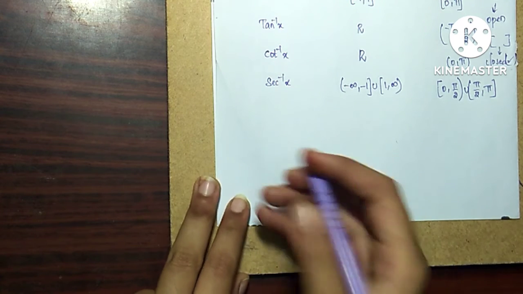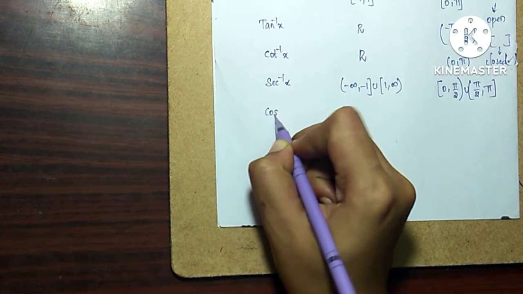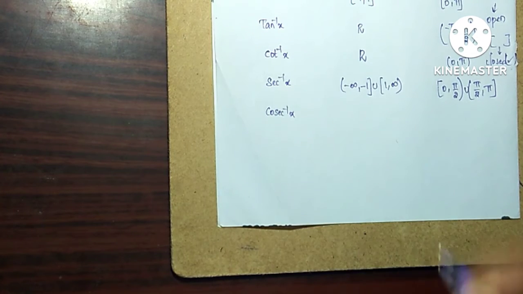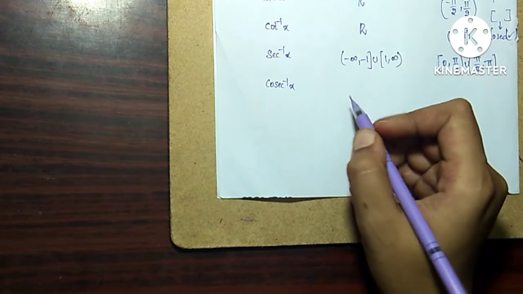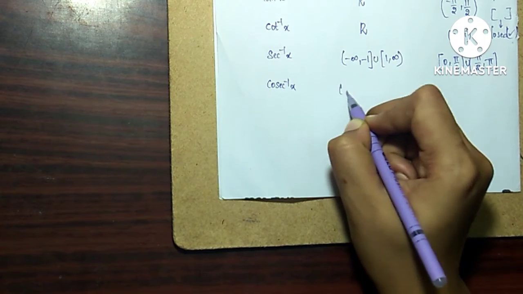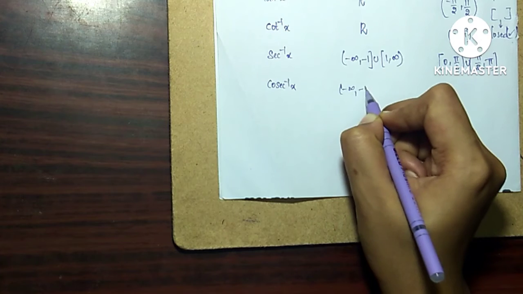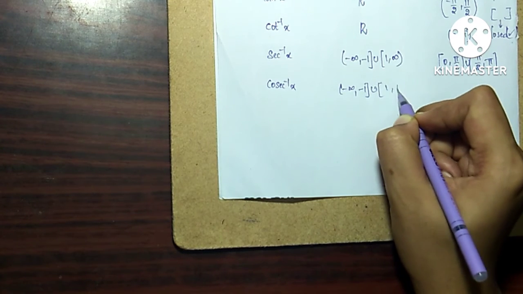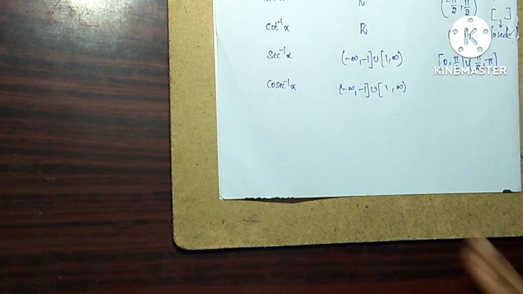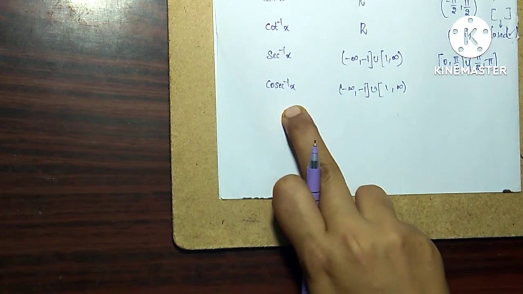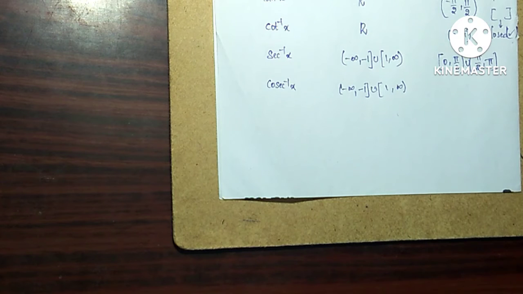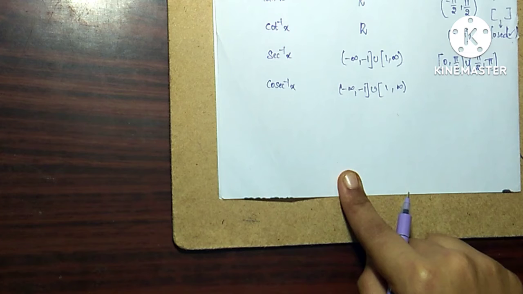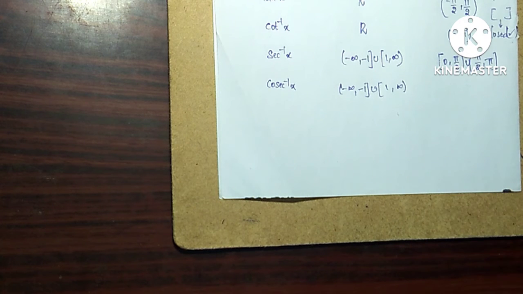Now we will see cosecant inverse x. The domain for cosecant inverse x is open bracket minus infinity comma minus 1 closed bracket union closed bracket 1 comma infinity open bracket. For secant inverse x and cosecant inverse x, the domains are the same.